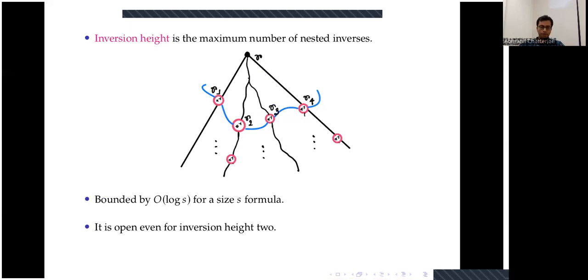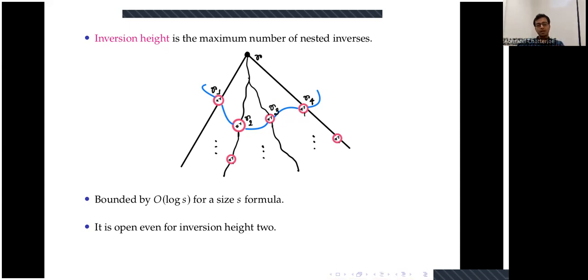So before we go to our result, just notice one thing, that in the commutative setting we could push all the inverse gates to the top. So it doesn't matter how many inverse gates are there. It doesn't even matter how many nested inverses are there in any leaf to root path. But in the non-commutative setting, it matters. And it is characterized by the inversion height of the rational formula.